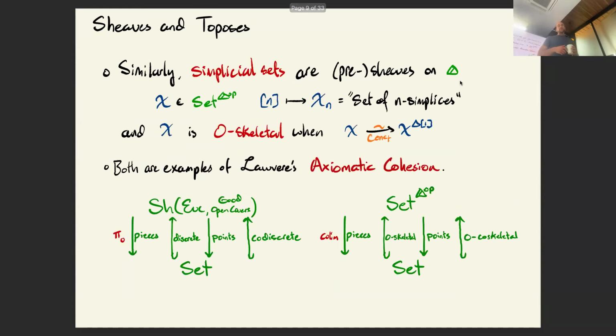Okay. So simplicial sets are actually very similar to this, right? In the idea of continuous manifoldnesses, our test objects, our test spaces, were Euclidean spaces. But for simplicial sets, we can test them against the combinatorial simplices, which are higher dimensional triangles.